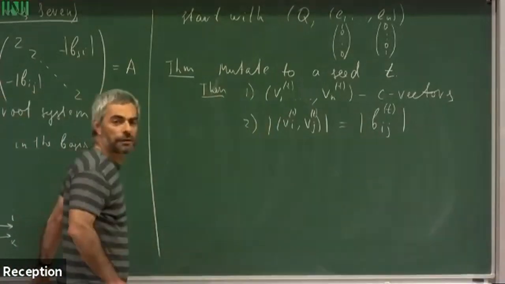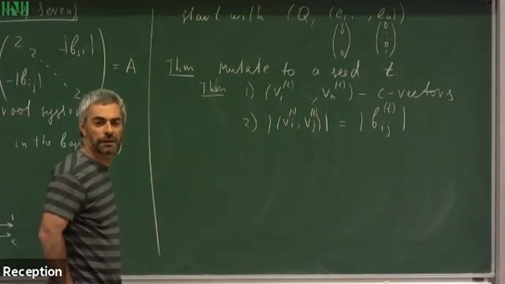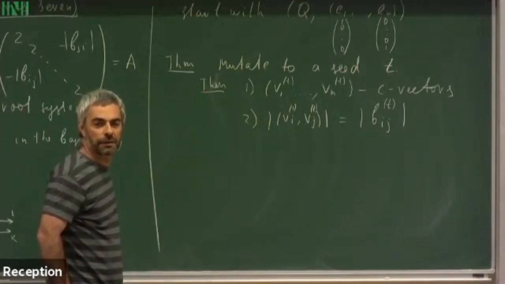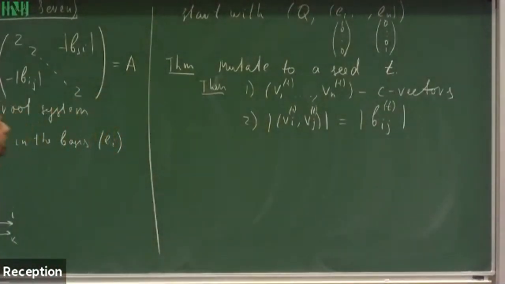Why do you scale so that the lengths are root 2? Because I want this to be a reflection, an orthogonal reflection.